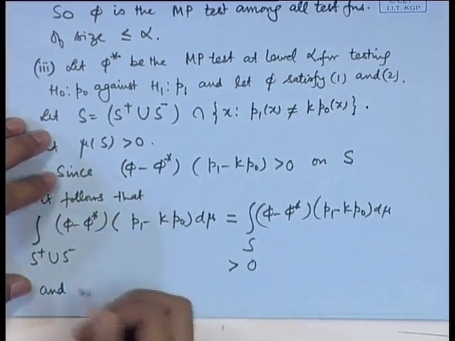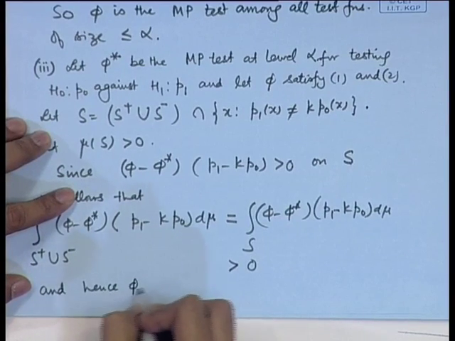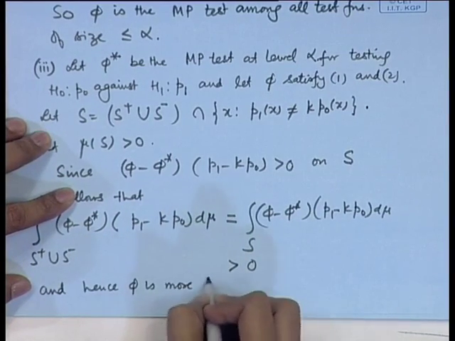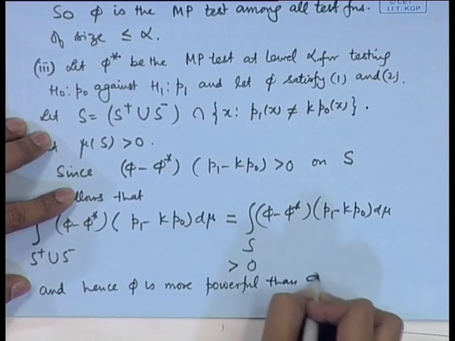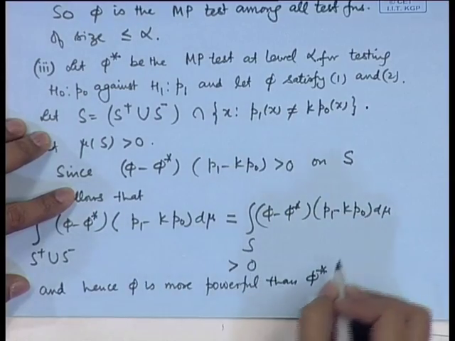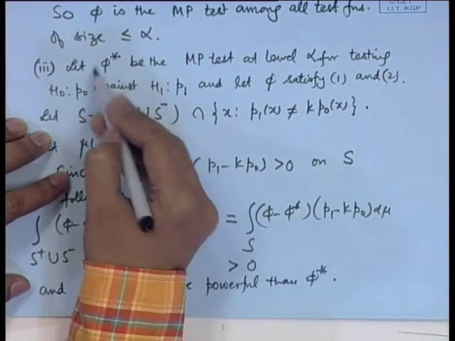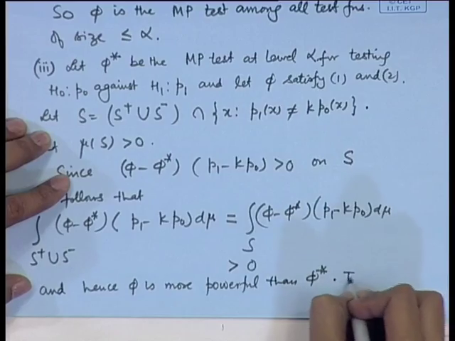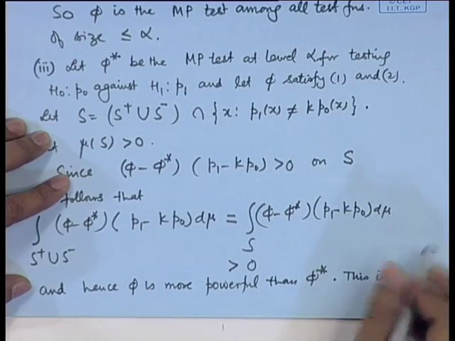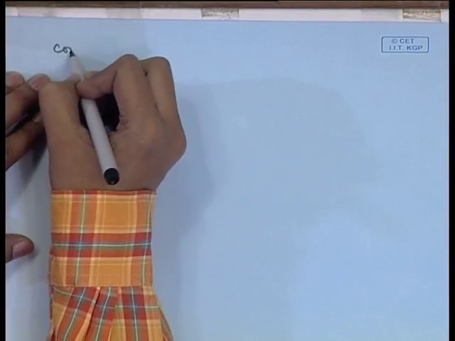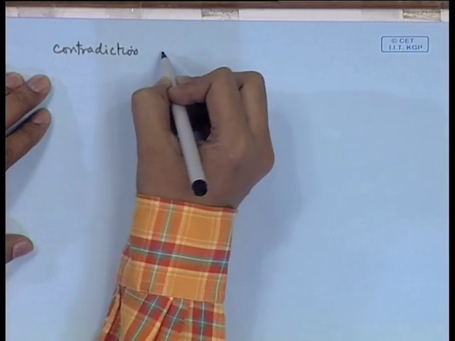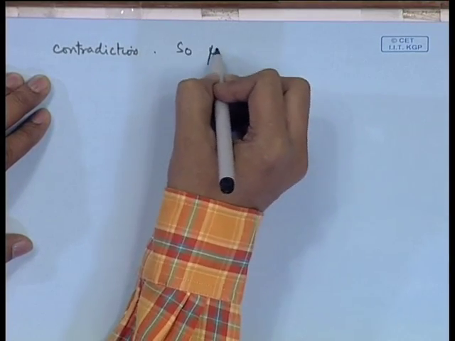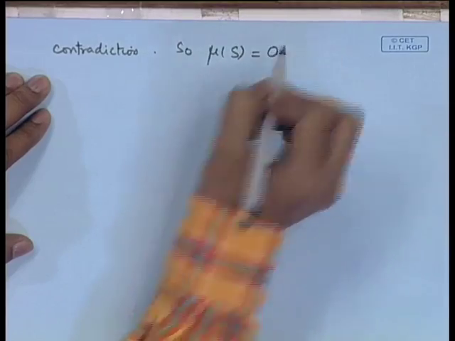So, this means that phi is more powerful than phi star. So, this is a contradiction because I started with phi star to be the most powerful. So, mu S must be equal to 0.